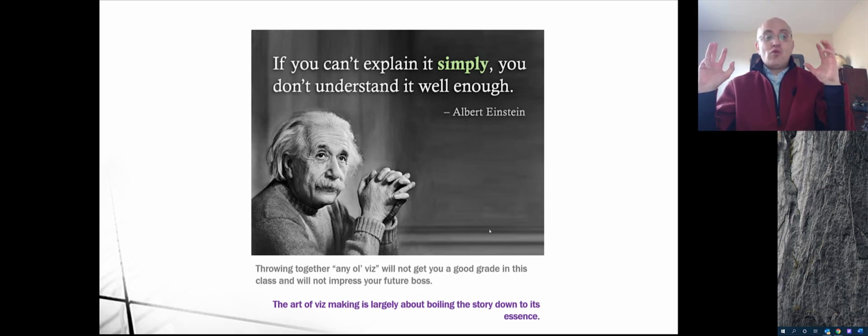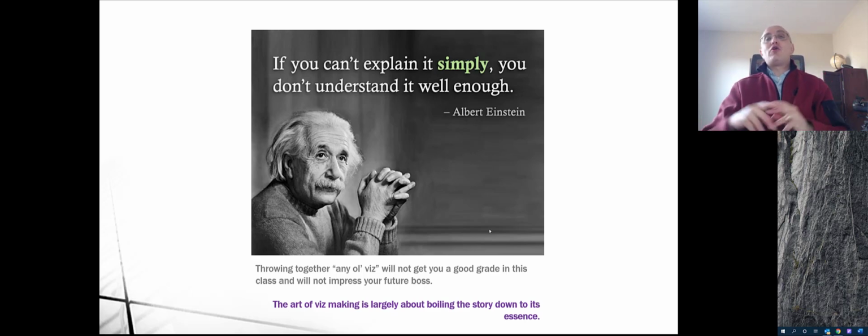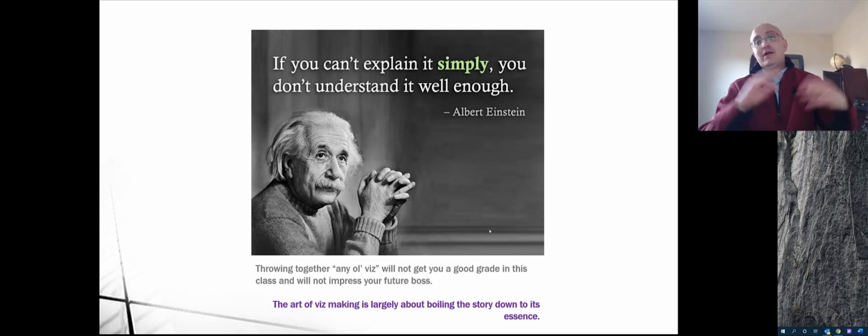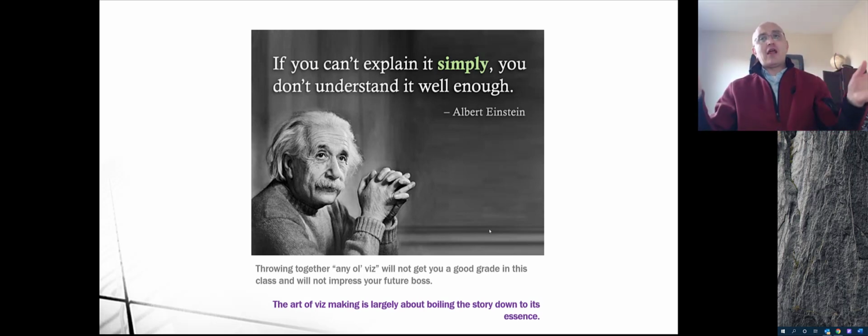And so when you get ready to do your partner project, you're going to be doing data visualizations. And I'm just going to give you a warning here and now that if you throw together any old viz, if you open up Tableau, you import the data, you spend about, say, even a night, oh, let's just put some stuff together, you're not going to score well on that assignment, and it's worth a lot of your grade.